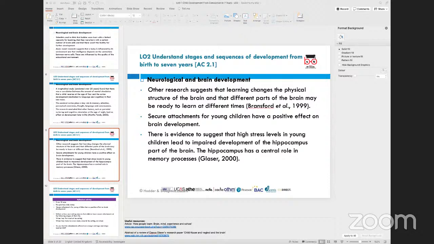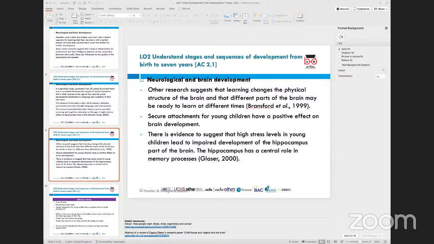And this is primarily because the neurological and brain development allows the body to start exercising certain functions, which allow the child to start doing some of these activities. And that would be one such sign wherein we speak about neurological and brain development.